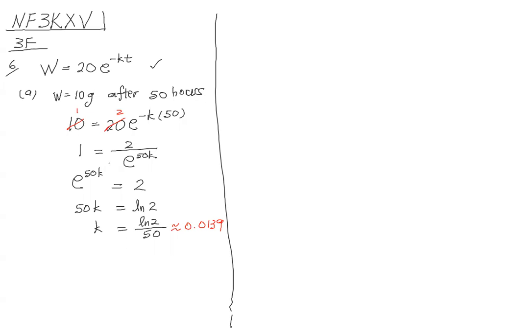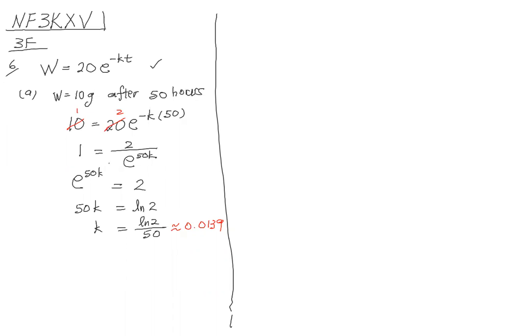Ashwindaran? Yes, miss. Did you check? Okay, so that is how you find the unknown. You use this information, you sub into the equation. Okay, so we are done with part A.